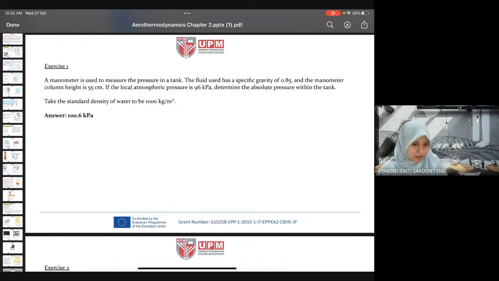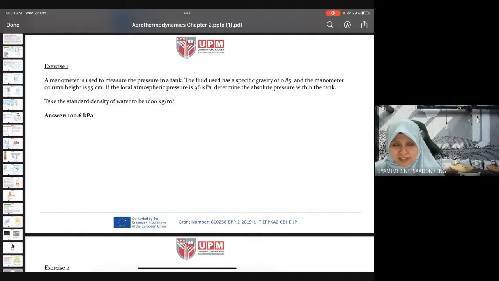So we see a manometer is used to measure the pressure in a tank. The fluid used has a specific gravity of 0.85 and the manometer column height is 55 centimeter. If the local atmospheric pressure is 96 kilopascal, determine the absolute pressure within the tank.